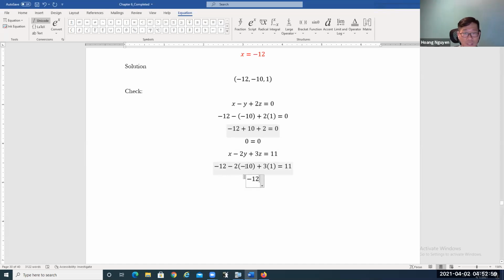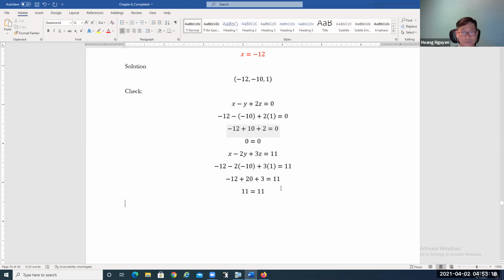Negative 2 times negative 10 gives positive 20. Negative 12 plus 20 is positive 8, and positive 8 plus 3 is 11. 11 equals 11. It's true, that's good.